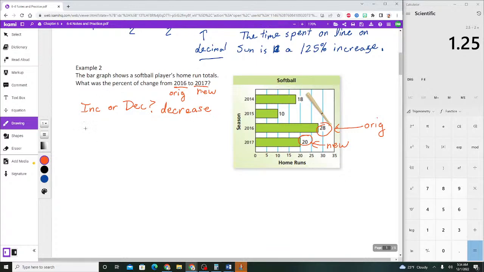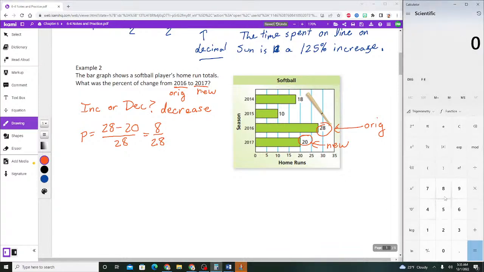So we look. We want to keep our numerator positive, so we're going to go 28 minus 20. Our original value was from 2016, so that's the 28. Now we're going to subtract. 28 minus 20 is 8. And we're going to divide 8 by 28.